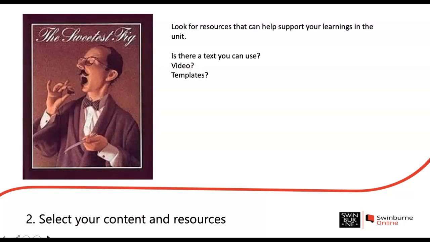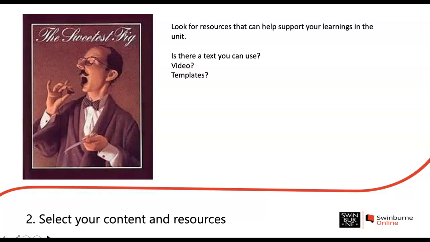Then step 2 is to choose the content. Then you go get the books and the videos and the templates and the things that are going to make your lessons what they are. Once you've got your curriculum under control and you understand your content descriptors, then you can base your unit around it. So for example, if I was doing language devices and visual imagery, I would choose a rich text.